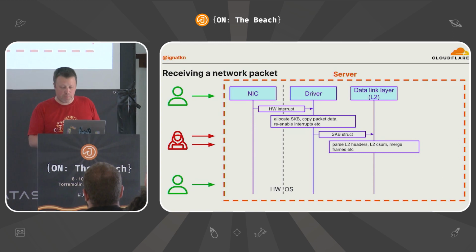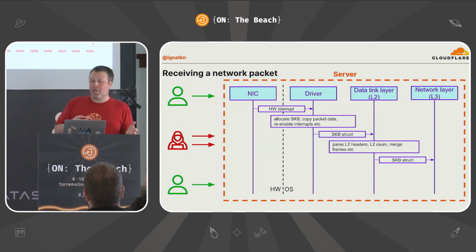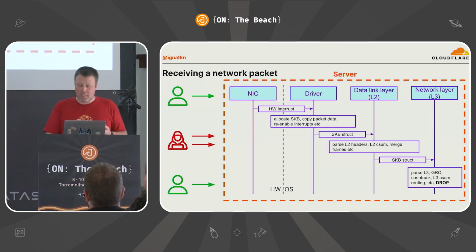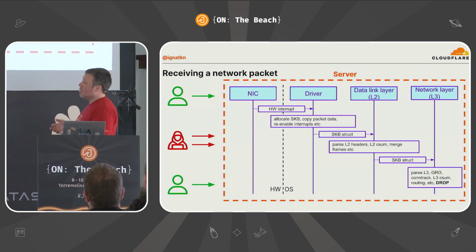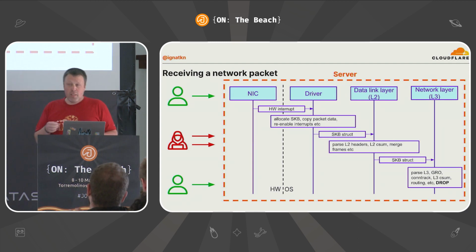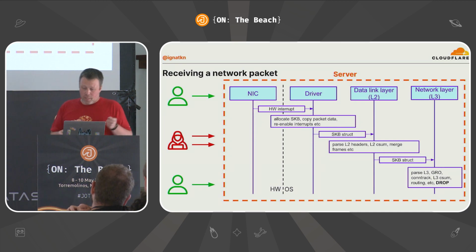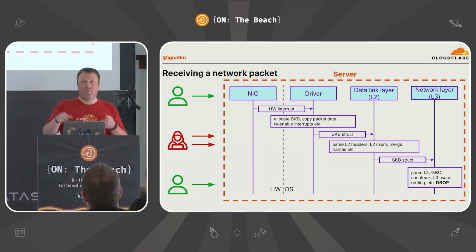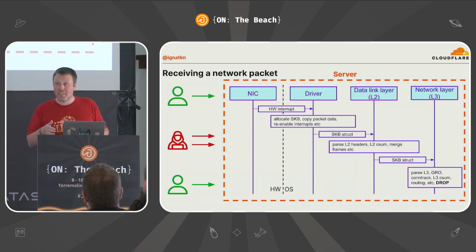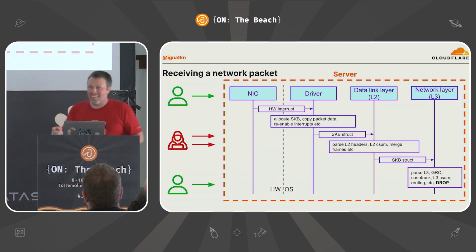Then it passes the packet to the network layer, layer 3, which parses the layer 3 headers. Modern network stacks can do GRO, GSO, connection tracking, L3 checksum, identify if this is a local packet or not, whether it needs a routing decision, and only then it reaches that firewall rule, block everything.